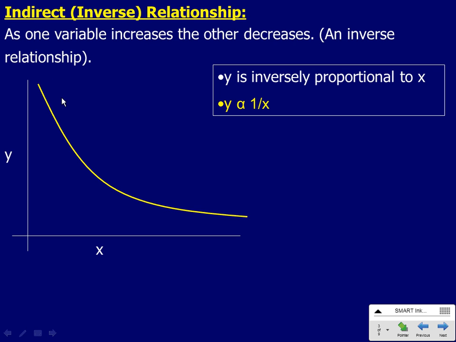If you see a curve like this in your data, I want you to say to yourselves, oh, if I get a curve like that, I know that y is inversely proportional to x. And I can say that y is directly proportional to the inverse of x. So it's related to the inverse of x.